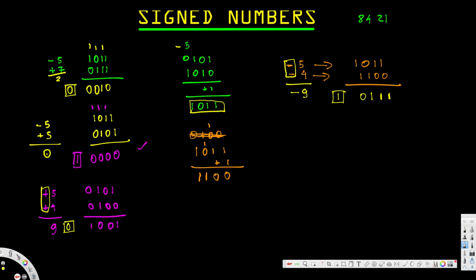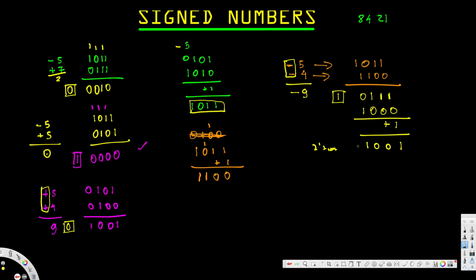So if you do the 2's complement for this one, let's see. The 1's complement is going to be what? The opposite of this one. Wherever we have 0, we replace it with 1, and wherever we have 1, we replace it with 0. Now to find the 2's complement, we add 1 to this, so this is going to be 1 0 0 1.